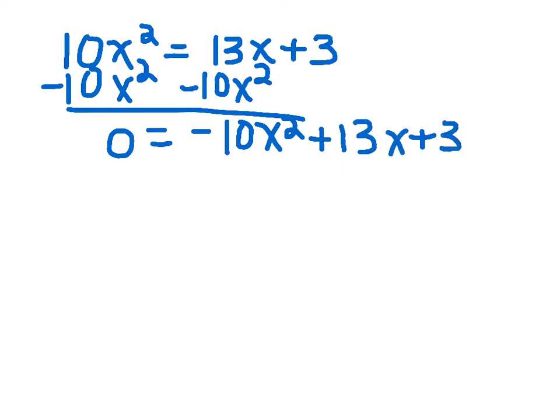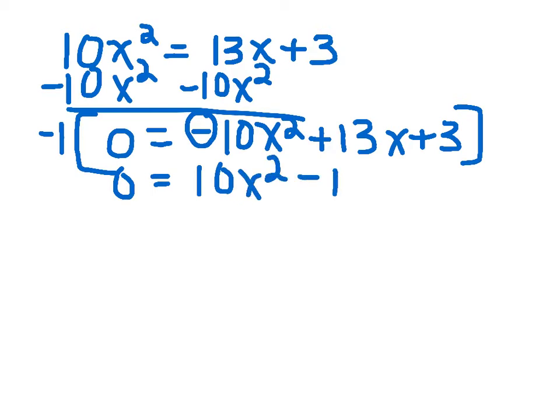The problem is that we're just really not used to factoring with the quadratic term being negative. So one solution is to multiply the entire equation by -1, which would give me 10x squared minus 13x minus 3.